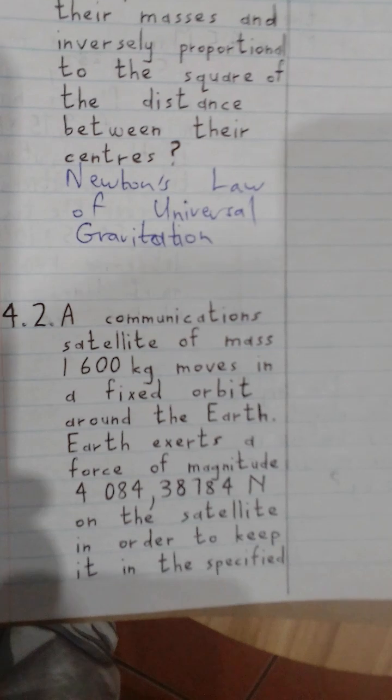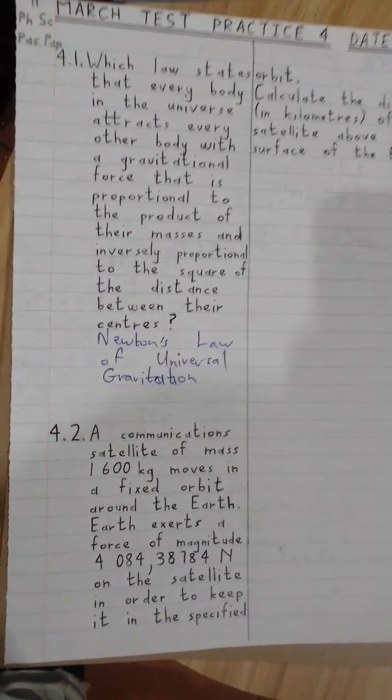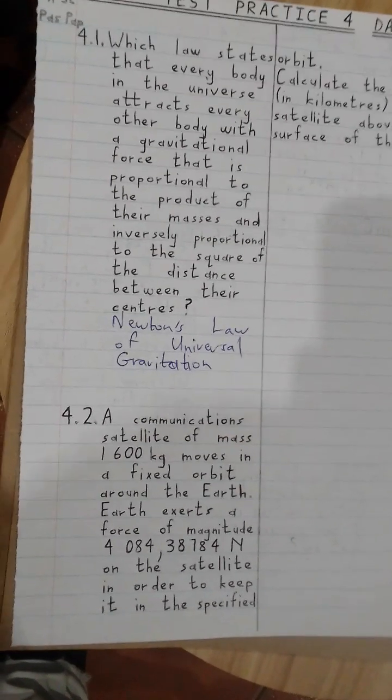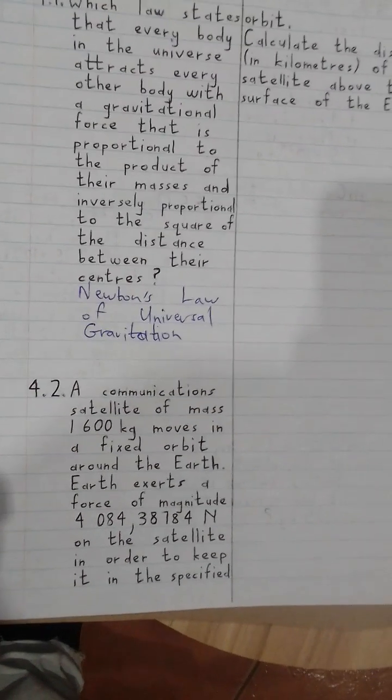So you need to know that Newton's law of universal gravitation states that every body in the universe attracts every other body with a gravitational force that is proportional to the product of their masses and inversely proportional to the square of the distance between their centers.